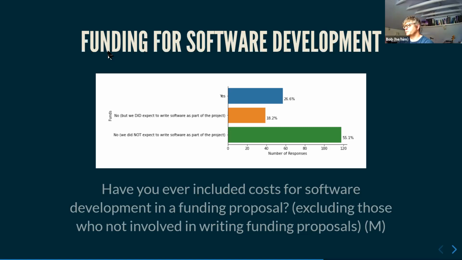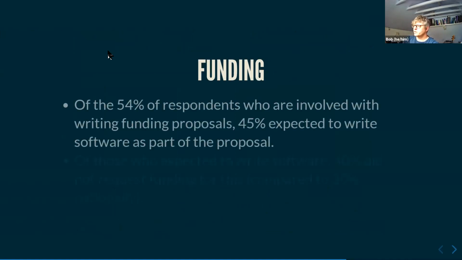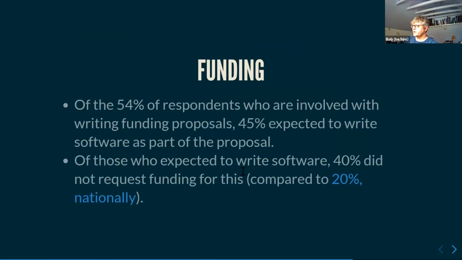Lots of people don't expect to write software as part of their research projects, but the interesting thing is that of the ones that did expect to write software, 40% didn't ask for funding to be able to do the software development work. That's also something I'll come back to at the end, in terms of the actions we might take on the basis of this.